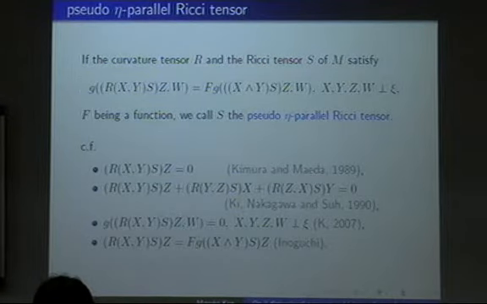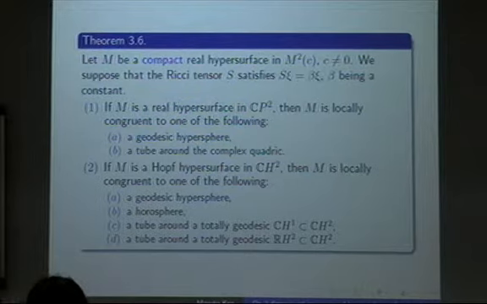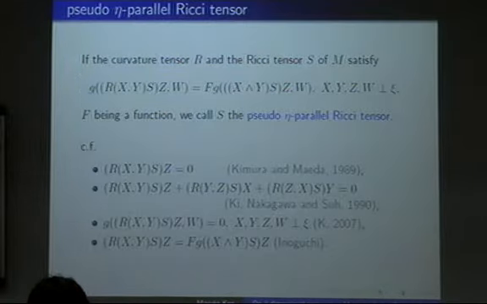What's the difference between this theorem and the previous one? In this theorem 3-4, we assume that M is a Hopf hypersurface. And in this theorem, we suppose M is compact. The conclusions are the same.